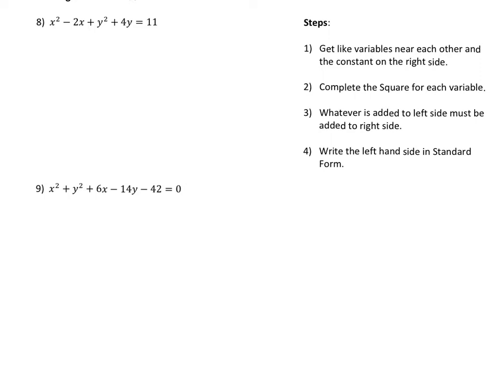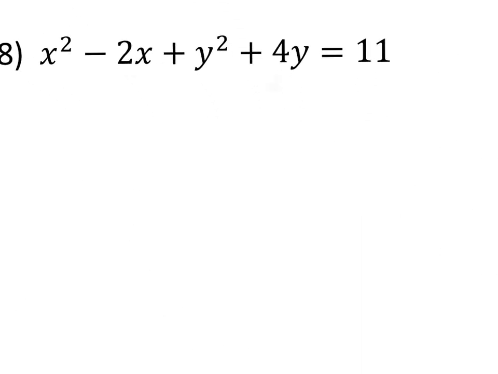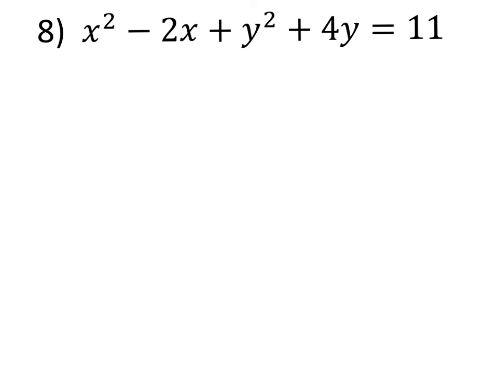So now, step 2. We're going to complete the square for each variable. How this looks is you're going to take this part here, I'll do these in different colors, and you're going to treat them as sort of separate completing the square problems.